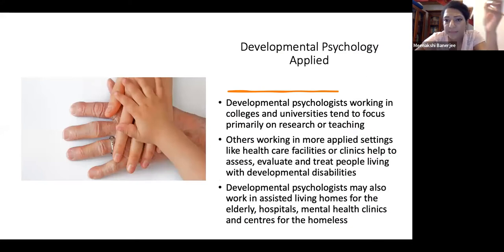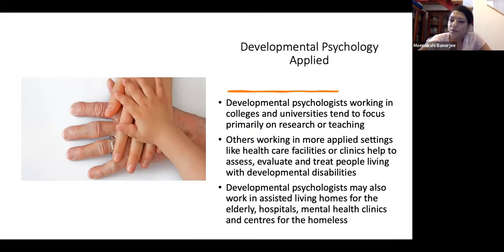Generally, where is developmental psychology applied? Developmental psychologists work in colleges and universities, focusing primarily on research and teaching. Other working areas could be more applied settings like healthcare. A lot of developmental psychologists work in clinics to help assess, evaluate, and treat people living with developmental disabilities.